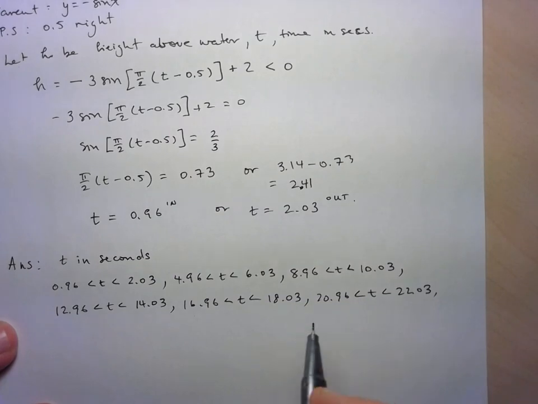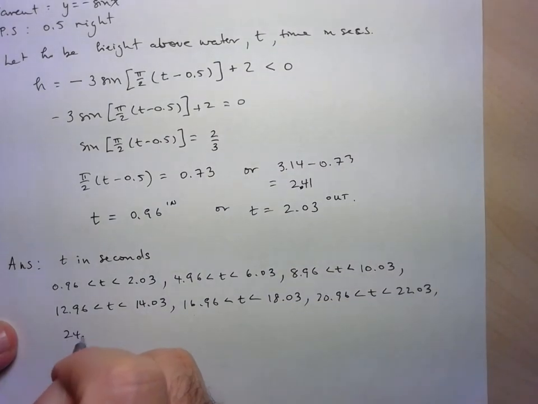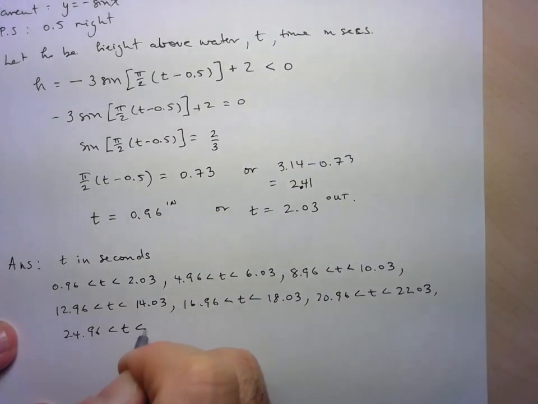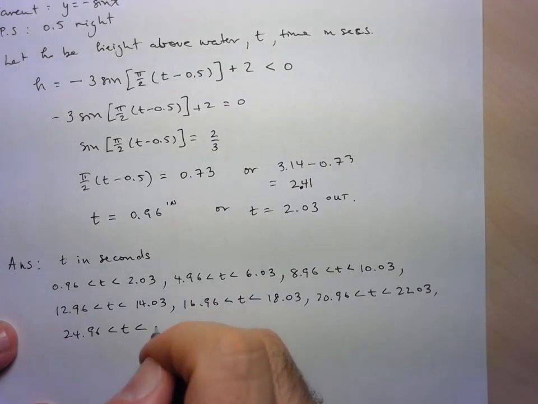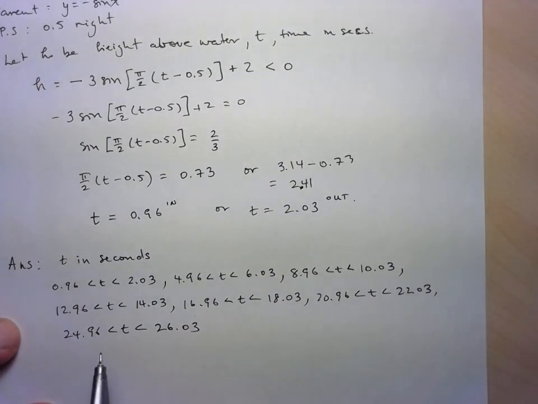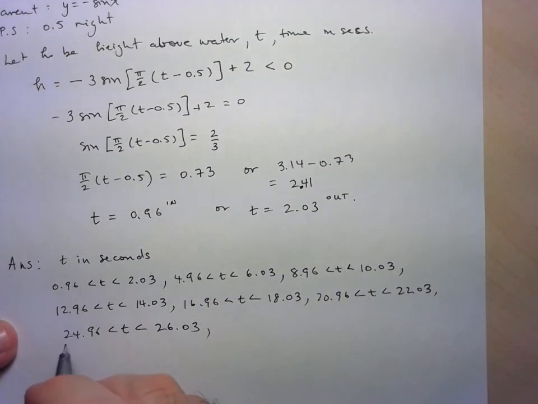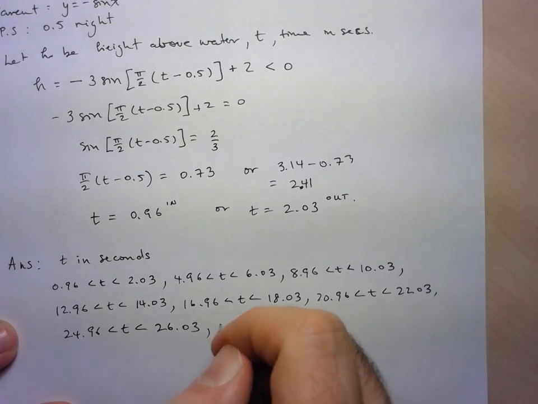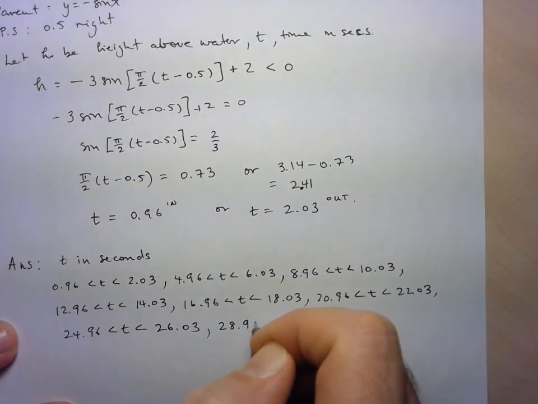Add 4 here, so 24.96, less than t, less than, add 4, 26.03. And here, if we add 4 again, we have 28.96.